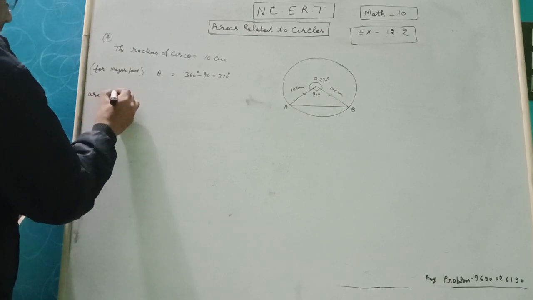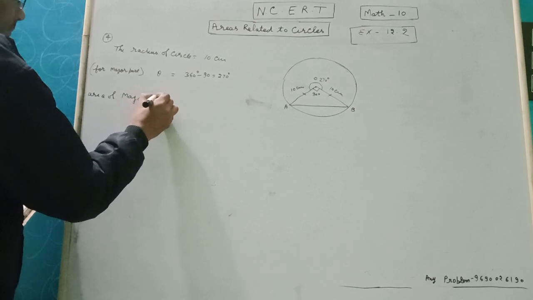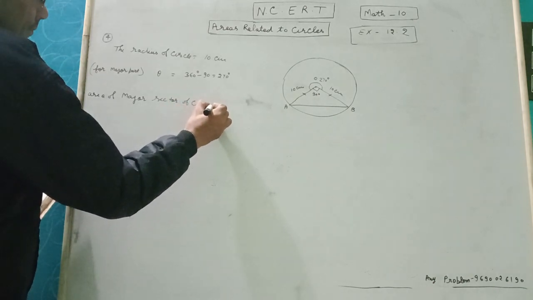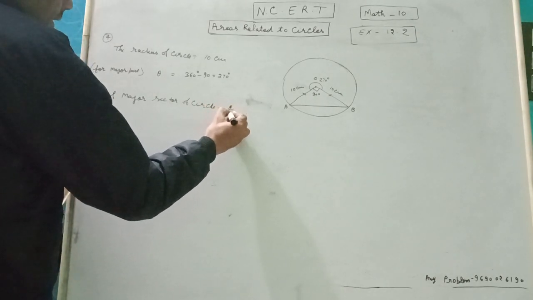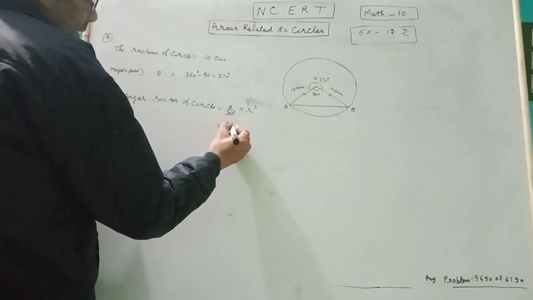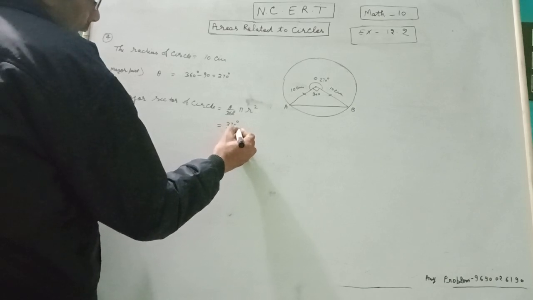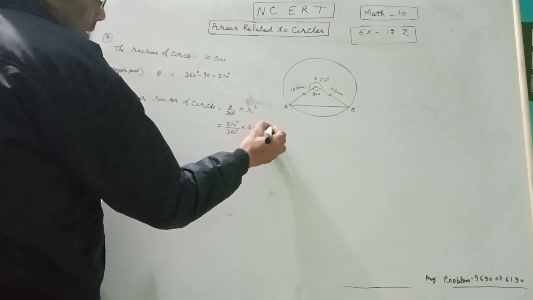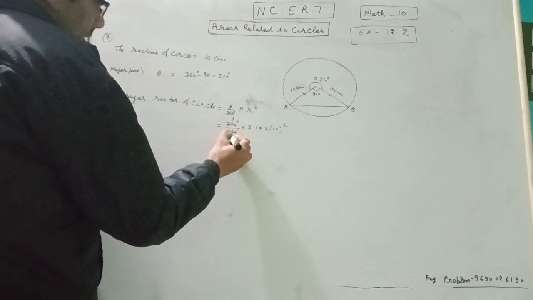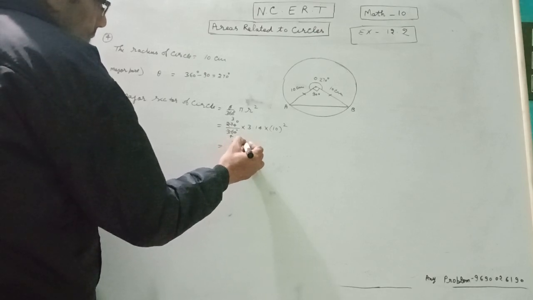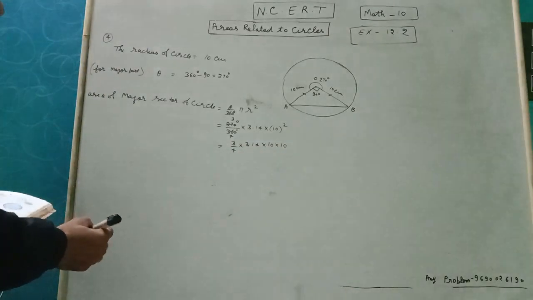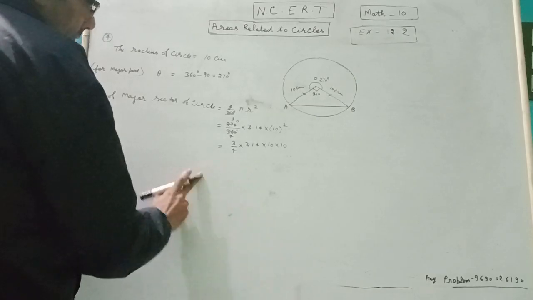Area of the major sector of the circle is equal to theta upon 360 pi r square, the formula. The theta value is 270 degrees upon 360, the pi value is 3.14, the r value is 10. So 3 upon 4 into 3.14 into 10 into 10.